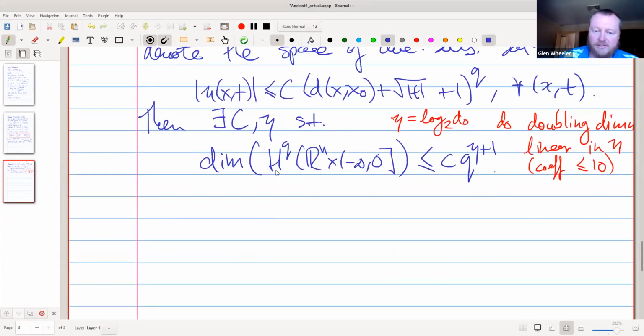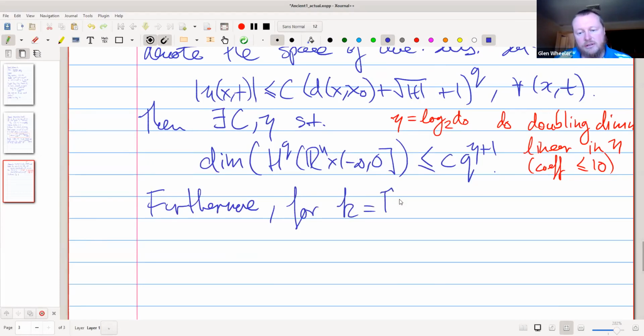Now, even more remarkably than this is already pretty cool, we have this decomposition, furthermore, for k equals the ceiling of q over 2. Why do I always write Christoffel symbol? They just haunt me, Christoffel symbols.